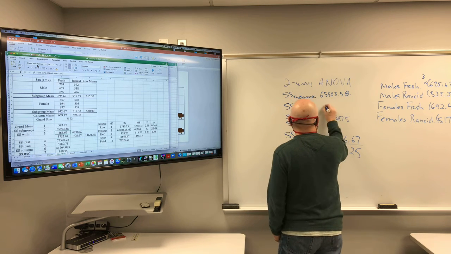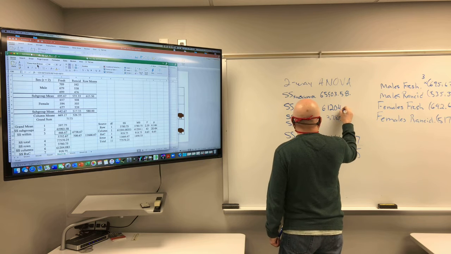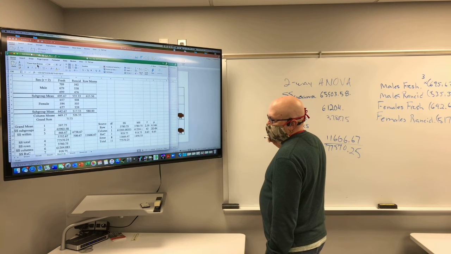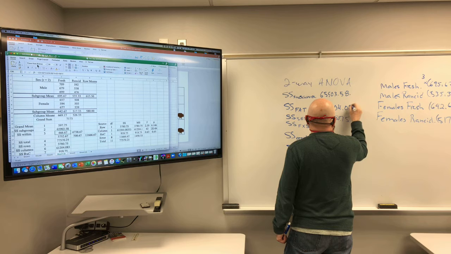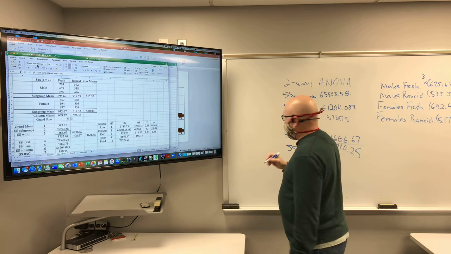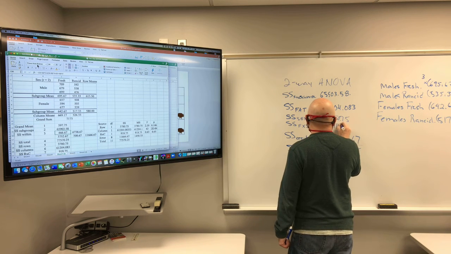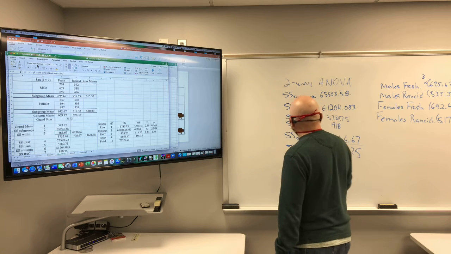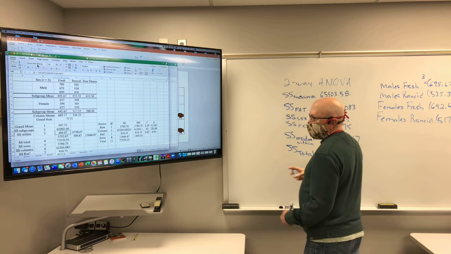Columns is 61,204.083, and the interaction is 918.75.